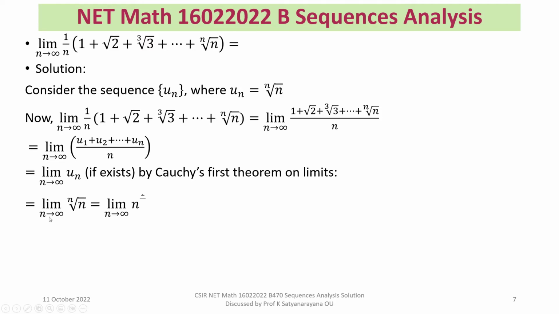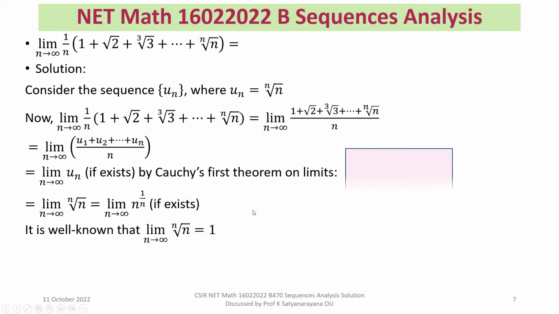Now, limit n tends to infinity of un is the nth root of n, that is, limit n tends to infinity n to the power of 1 by n, if it exists. It is well known from our intermediate classes that limit n tends to infinity of nth root of n is 1.